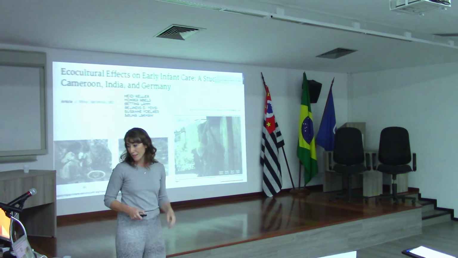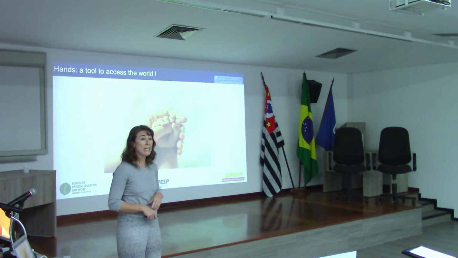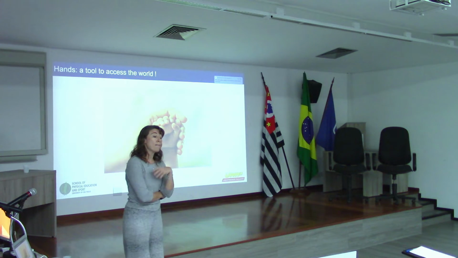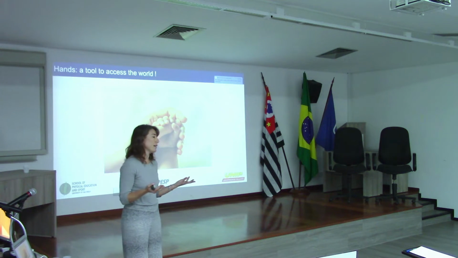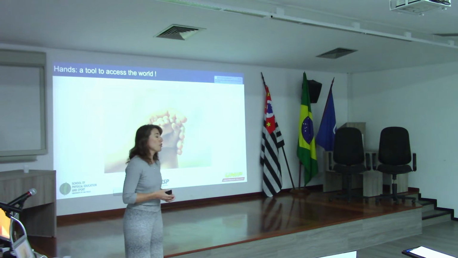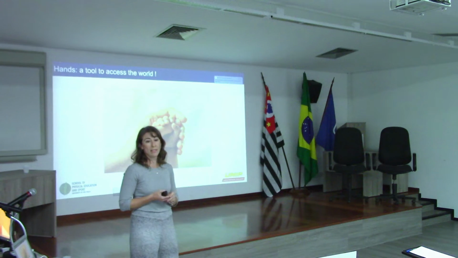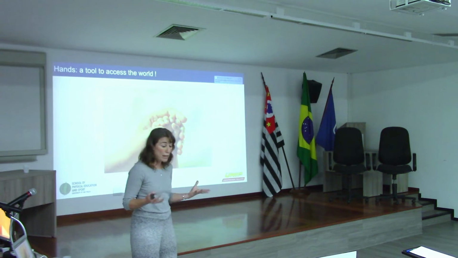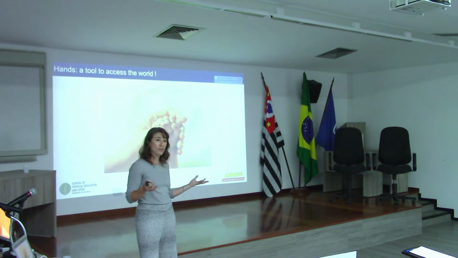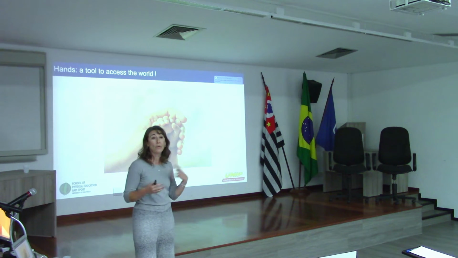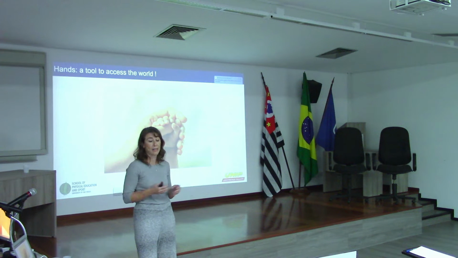we chose the hands. There are many ways that an infant can show their preferences. They can look at something, they can smile, they can cry, they can do several behaviors to show what they like, what they want, to show their wishes.